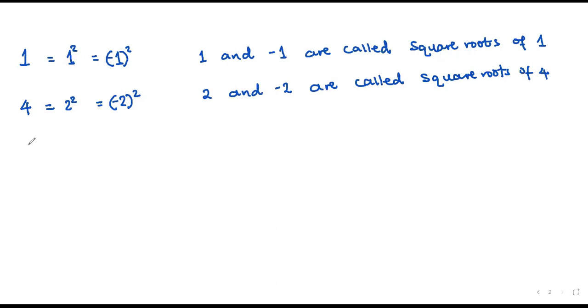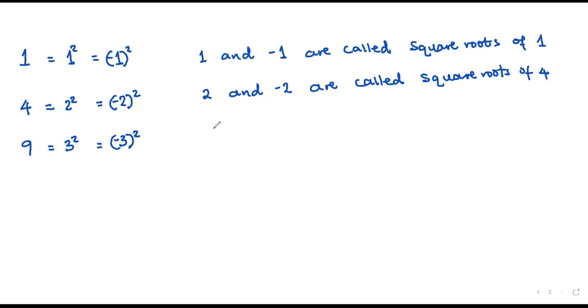Then we have got 9. 9 is the same as 3 squared. 3 squared, you know that is 3 times 3, which is also the same as -3 squared. This means -3 times -3, which is the same as 9.